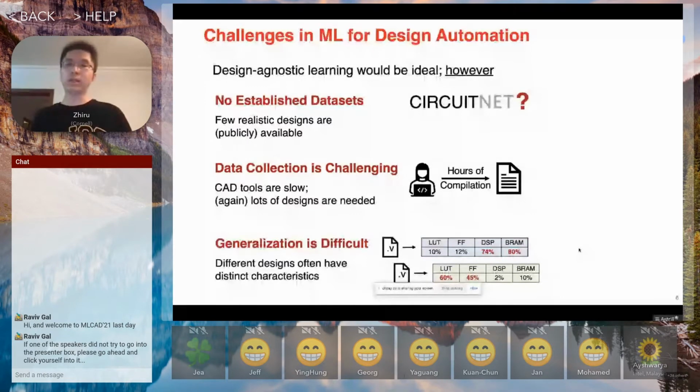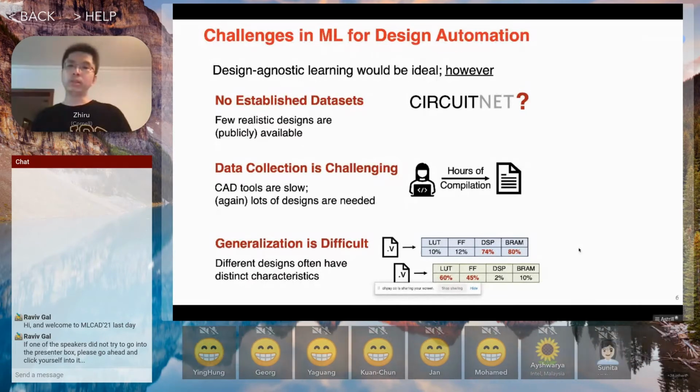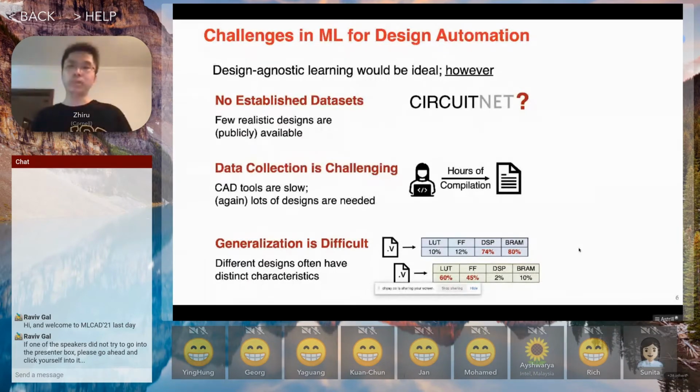Can we actually make use of ML to learn something useful from a variety of designs, if they are indeed available? In many cases, generalization is difficult according to our experience, because designs from different domains may have very distinct characteristics.